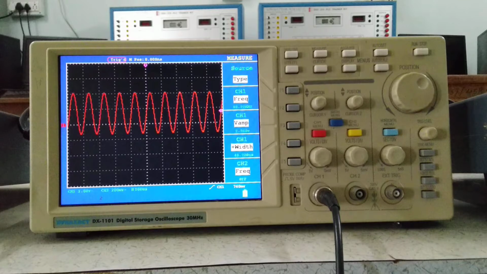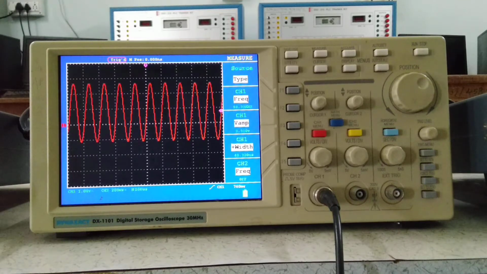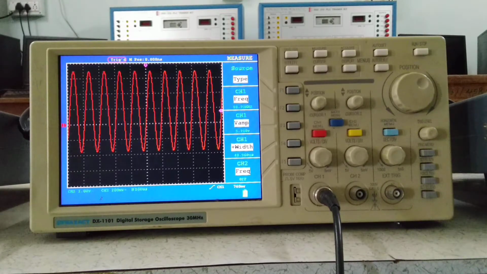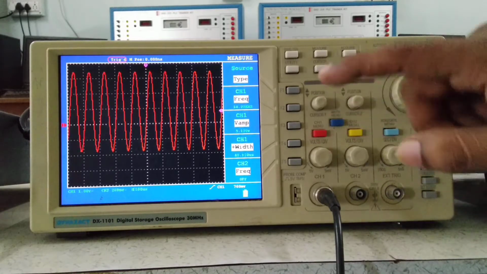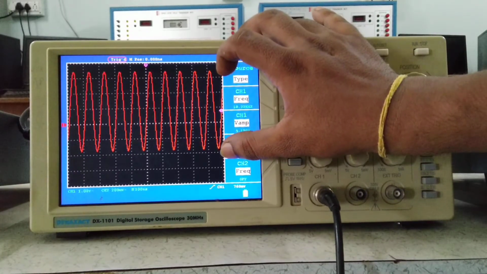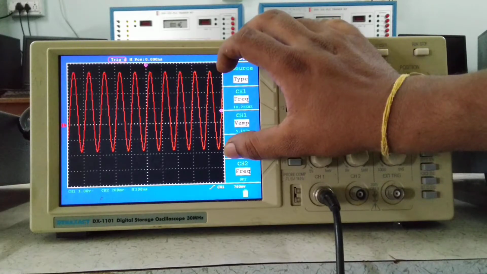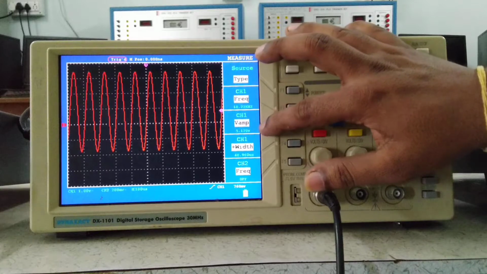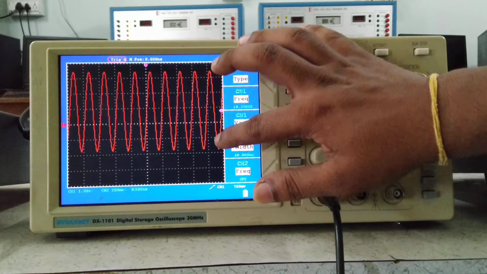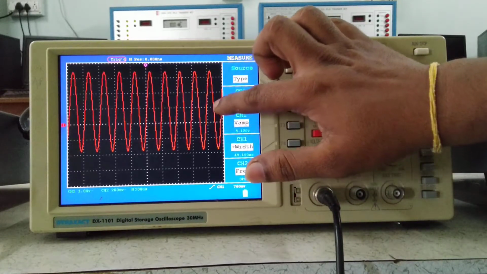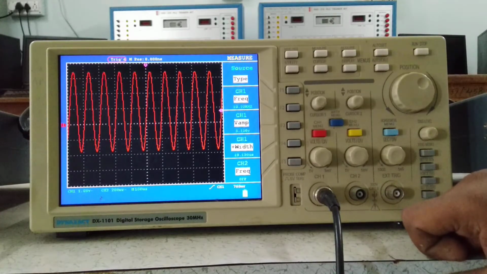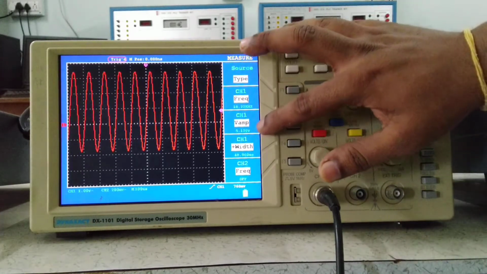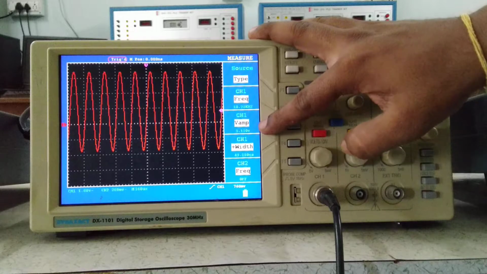I have made the amplitude approximately 5 volt. You can observe the amplitude of the input signal has increased, and we need not make any calculations or count vertical divisions as we do in a conventional oscilloscope. Here we directly get the amplitude value of the signal.